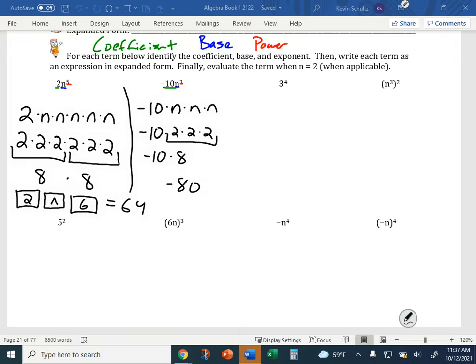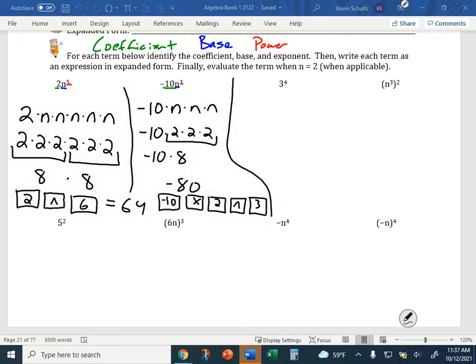If you use a calculator, you don't have a -10 button, but you press -10, and then times 2 to the 3rd. Your calculator will automatically do the 2 cubed first, and then multiply that by -10. You should get -80.